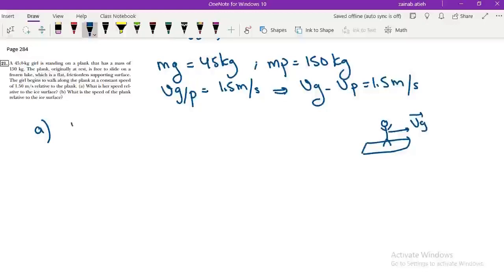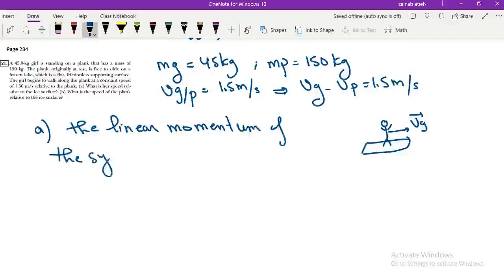So the linear momentum of the system is conserved. So we will get P equals P prime, or P before equals P after. Before the girl starts moving, the girl was at rest and the plank at rest, so P before is 0.